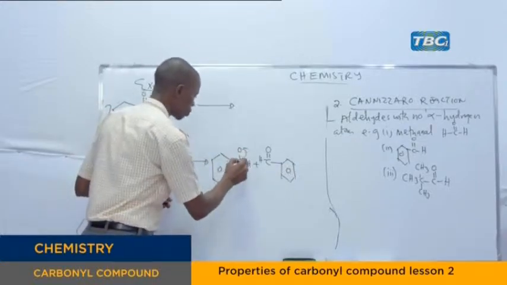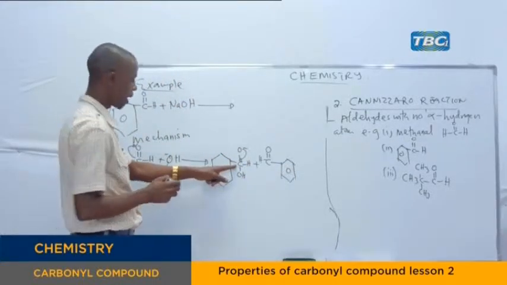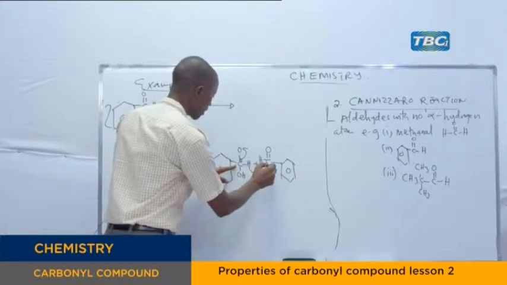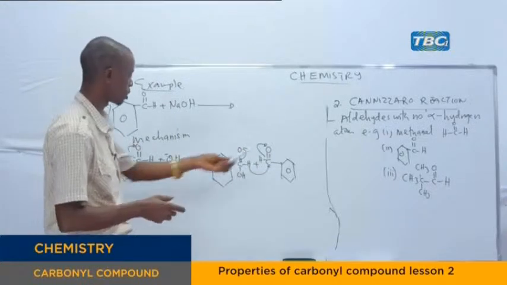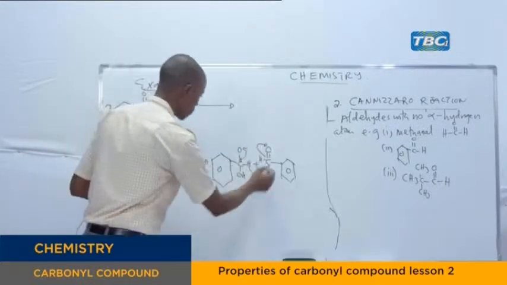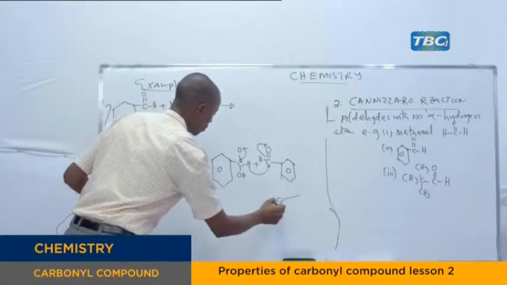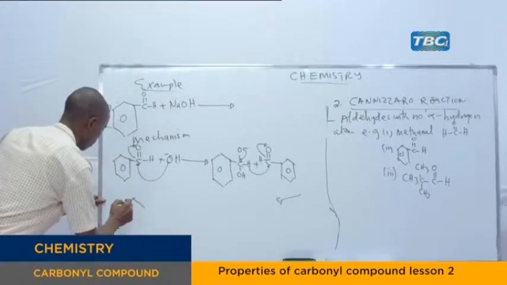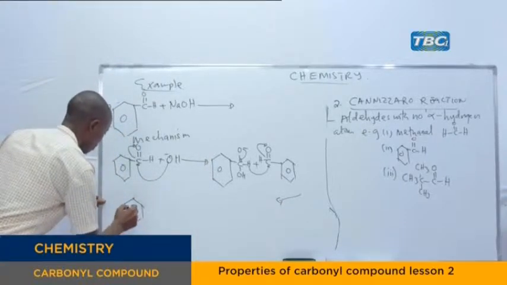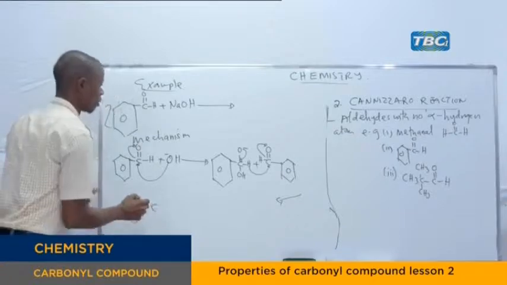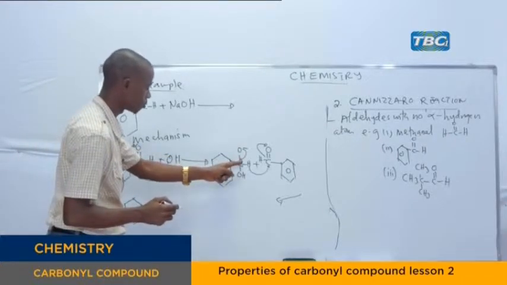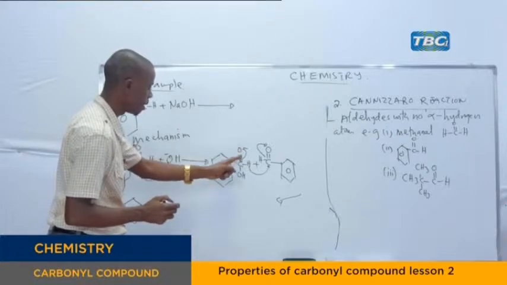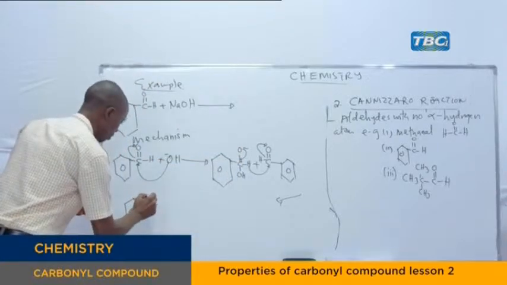This electron will come back to the carbon atom, and this proton will attack the carbon atom, and the electron will move to the oxygen atom here. So from there, we are going to form the following products. When this electron comes back to the carbon, there will be a formation of a double bond.